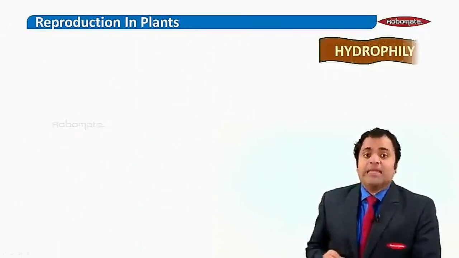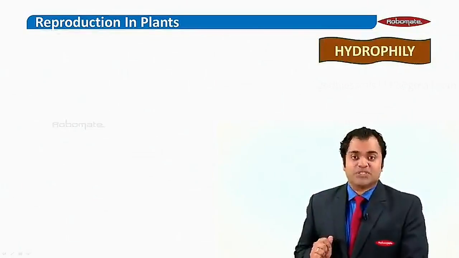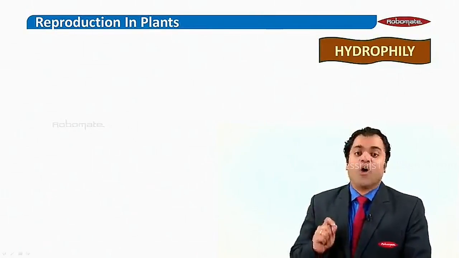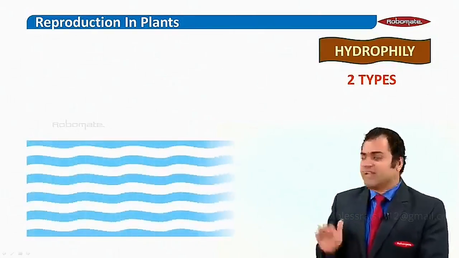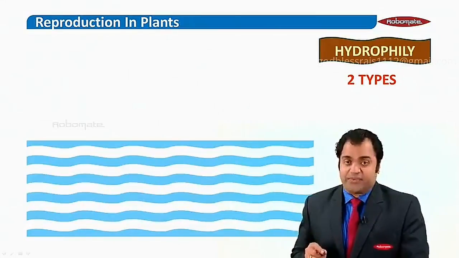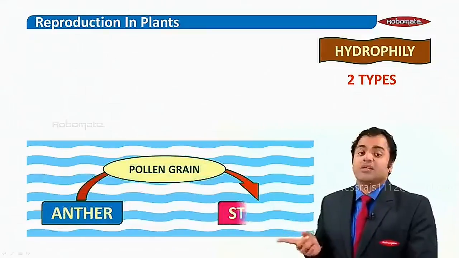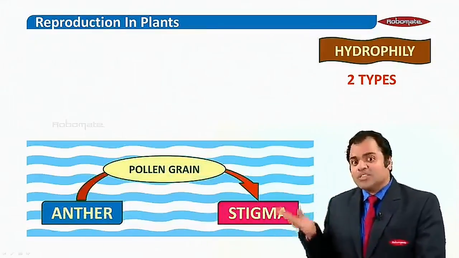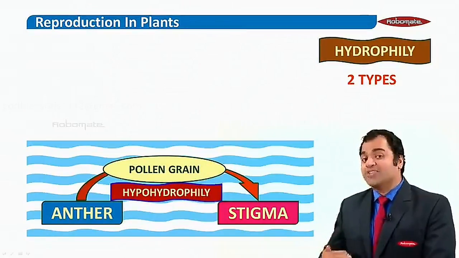Moving on. Now let us see that hydrophily is of how many types. Now hydrophily is further of two basic types, right? Look at this picture here. What I've shown you here is a body of water. Now if my pollen grains are getting transferred from anther to the stigma below the surface of water, the phenomenon will be called hypohydrophily.